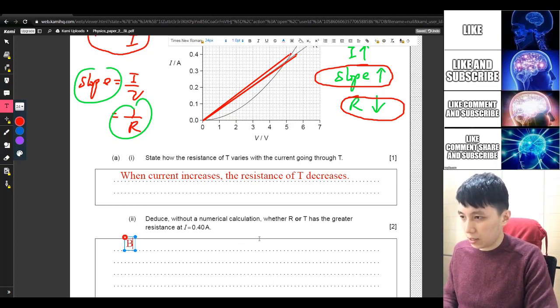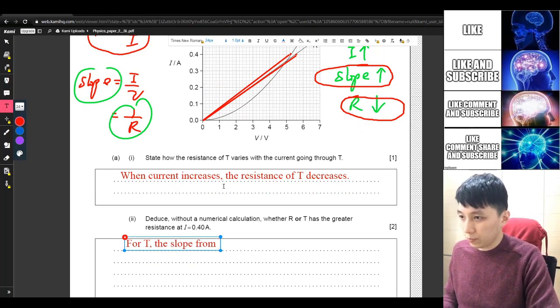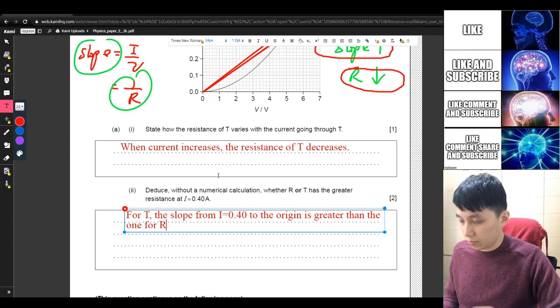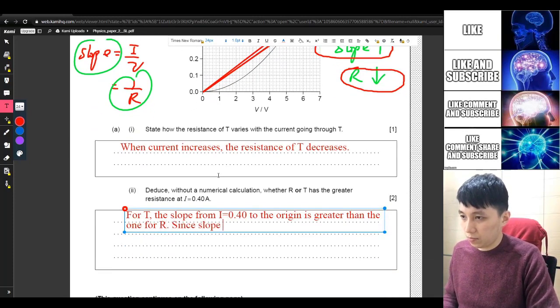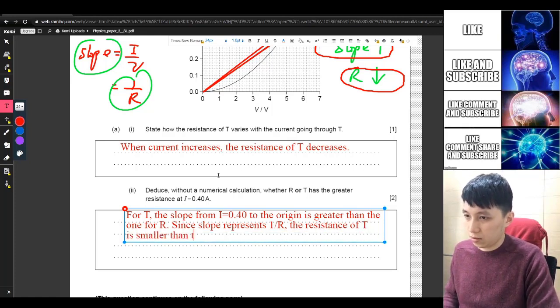So what we can say is by the slope, I should say the slope, maybe say for T, the slope from I equals 0.4 to the origin is greater than the one for the other one, which is R. Since slope represents inverse of R, the resistance of T is smaller than the resistance of R.